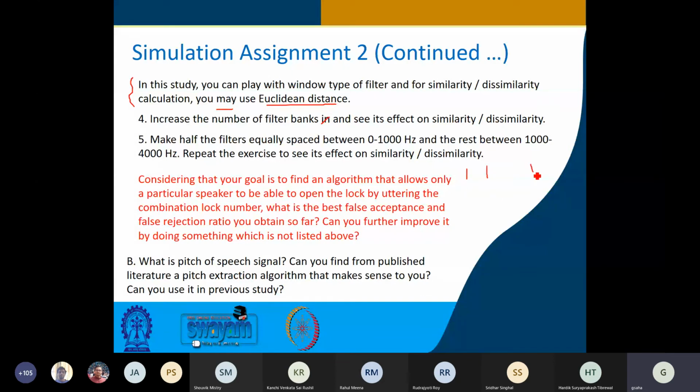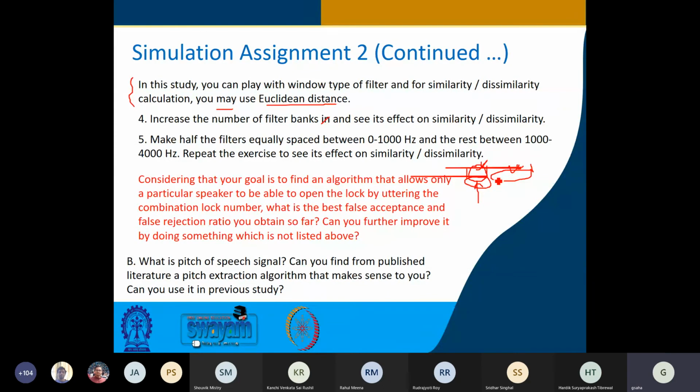That means you are having a denser representation of filters here and not so dense over the rest, because the idea here is that much of the discriminating information will be in this range and relatively less in this range. So that could be the reason that one can think of this kind of thing.